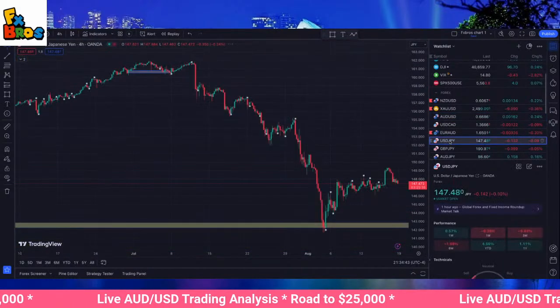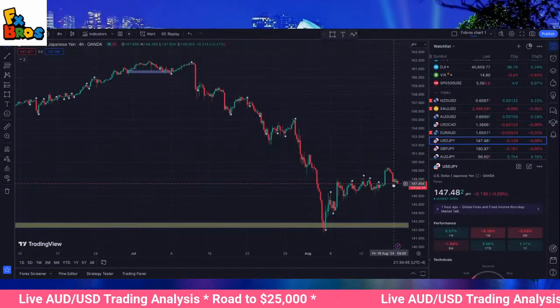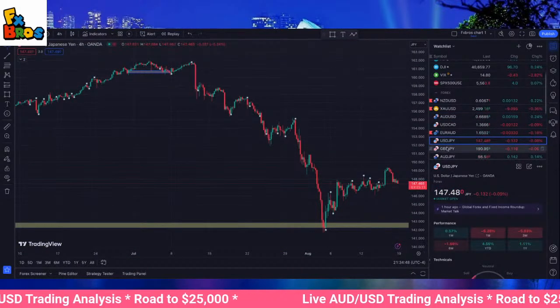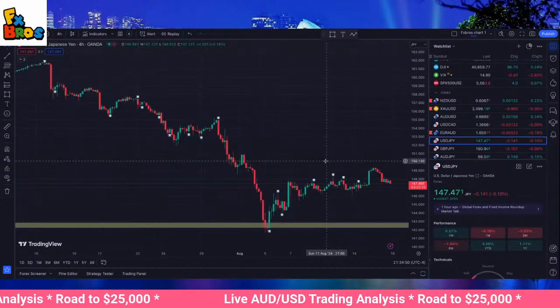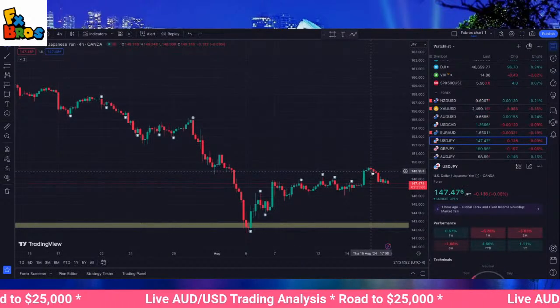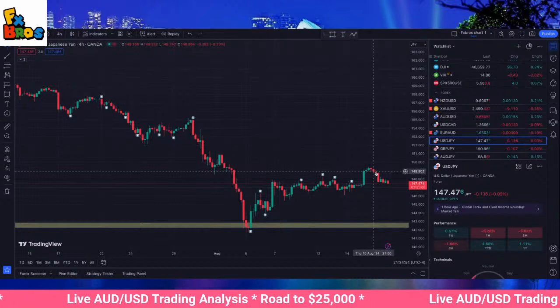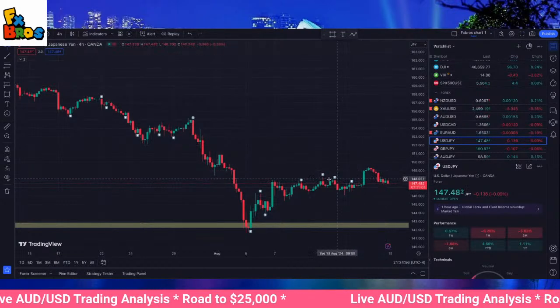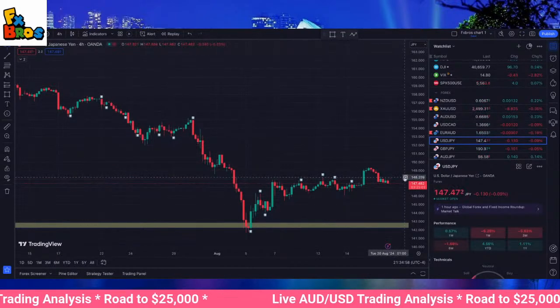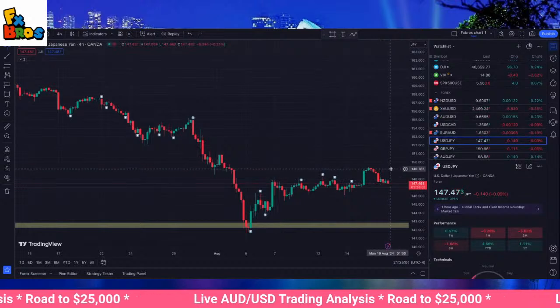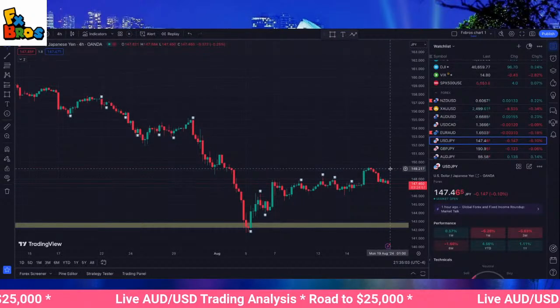Jappy pairs. We didn't get any bearish engulfings, nor did we get a bullish engulfing. But to get a bullish engulfing, we need 2 or more bearish candles.